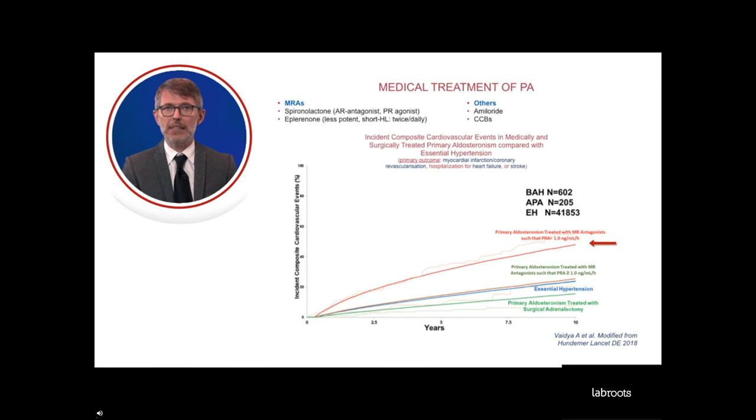This indicates that the amount of mineralocorticoid receptor antagonists taken by the patient is not sufficient to block all the aldosterone effect, or the patient is not completely adherent. By contrast, there's another group of medically treated patients in which the outcome is similar to the outcome of essential hypertensives. And this is because the renin levels are no longer suppressed, indicating a correct MRA therapy.